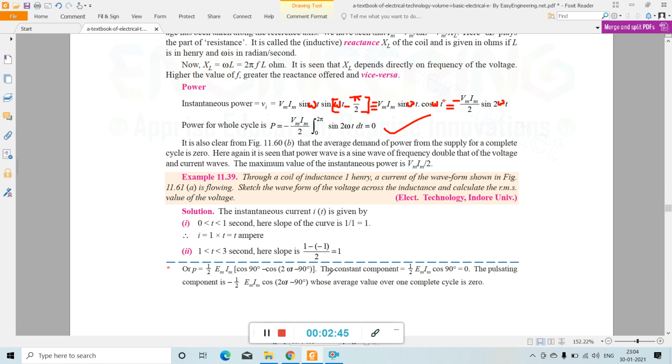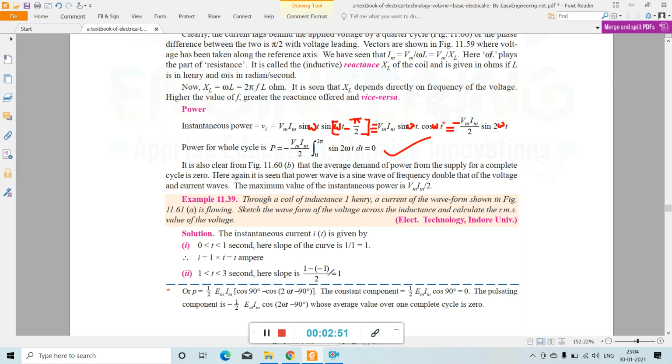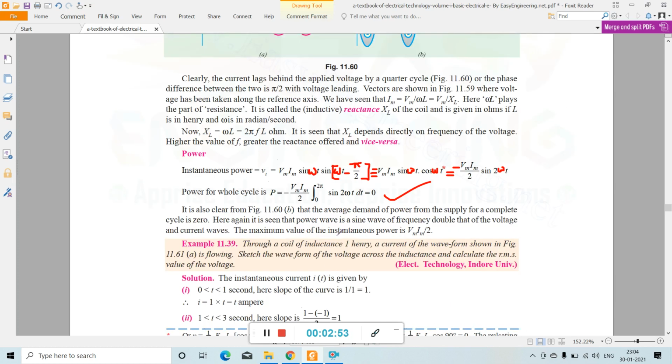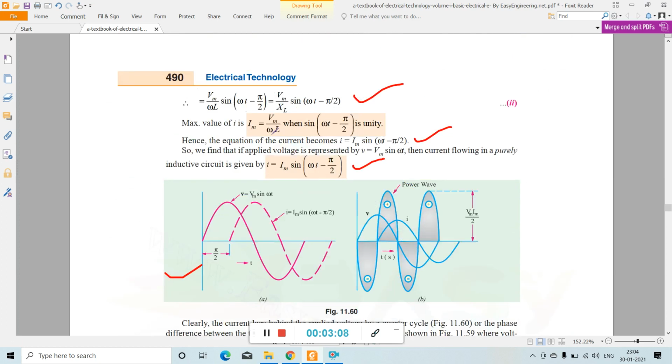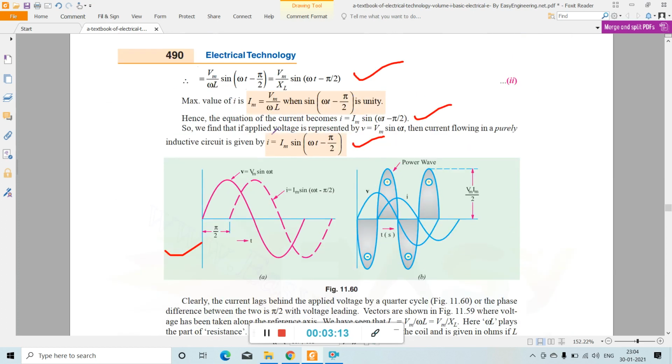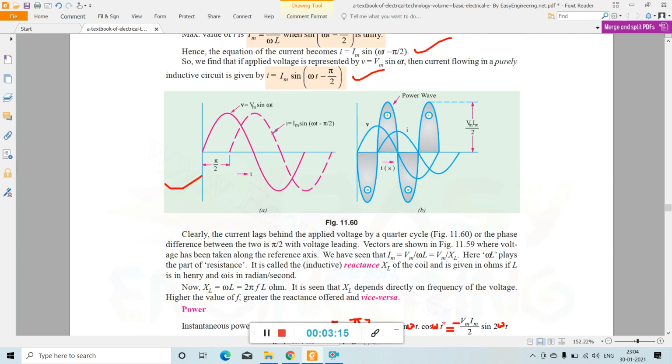In this case current is lagging behind the voltage by an angle pi by 2, and this XL is known as inductive reactance. Its expression is XL = omega L = 2 pi f L ohm. This is the current and voltage waveform in case of a purely inductive circuit.